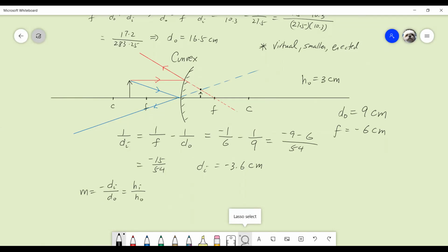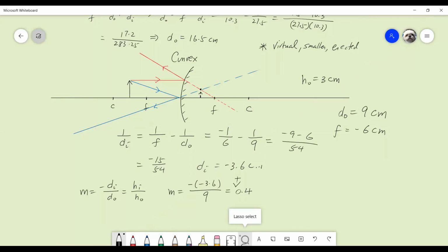Now I want to find the magnification: negative DI divided by DO, which is 9. So it will be 0.4. Now I have a positive sign here. What does that positive sign mean? It means my object and my image are in the same orientation. Is it true? Yes, they are all pointing up.